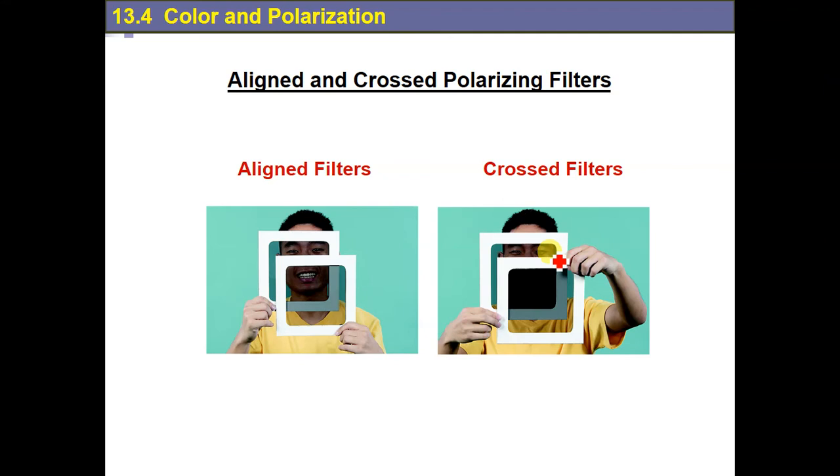But here, the light will pass through the first one and be polarized. The second one has a transmission axis which is perpendicular to the first polarizer, so the polarized light from the first will be blocked. It can't pass through the second. Hope that it's clear. You have to repeat it many times to get the concept.